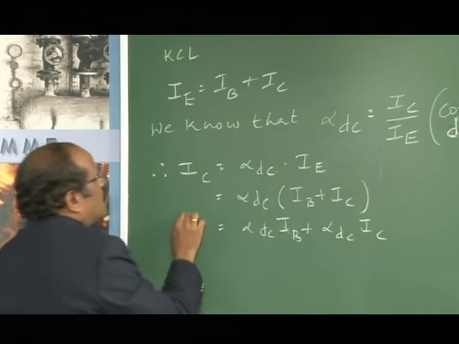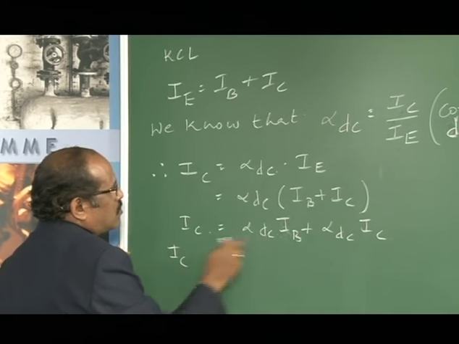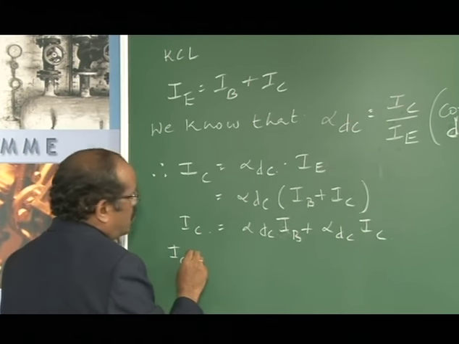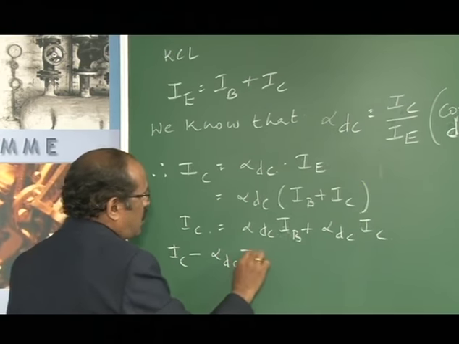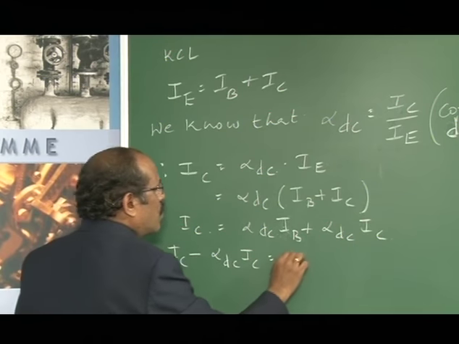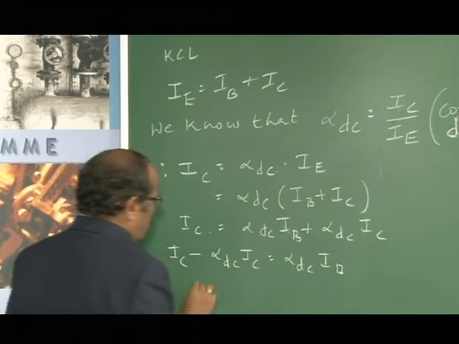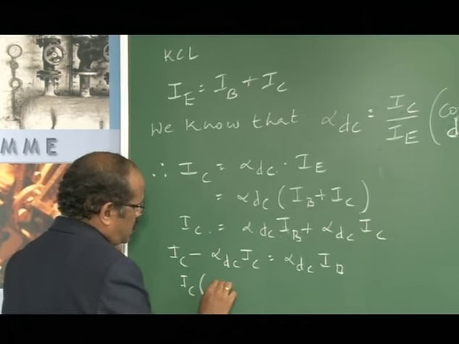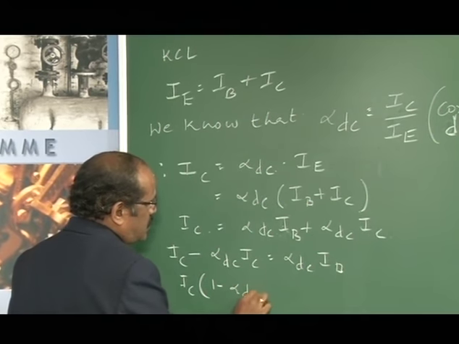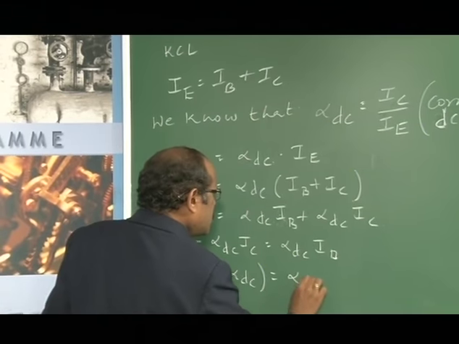If I rearrange this equation, we get IC. I can take this term to the left side, so this becomes IC minus alpha DC into IC equals alpha DC into IB. Here I can take IC common, so IC into (1 minus alpha DC) equals alpha DC into IB.